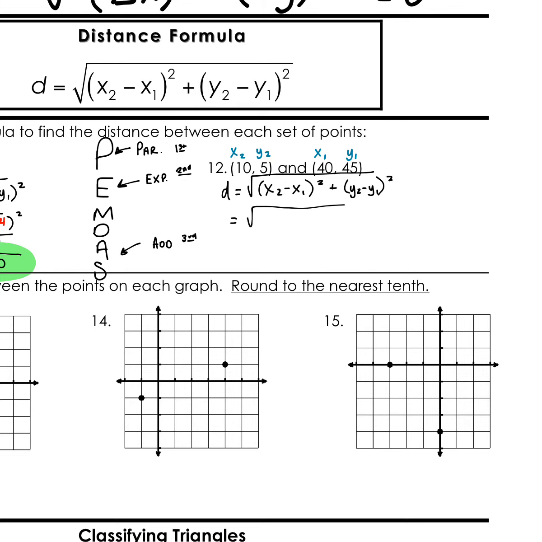We're going to substitute our values we know. Let's say 10 minus 40 plus 5 minus 45.